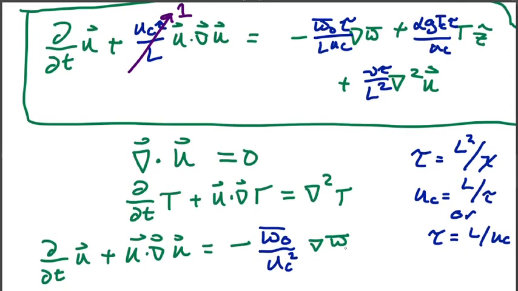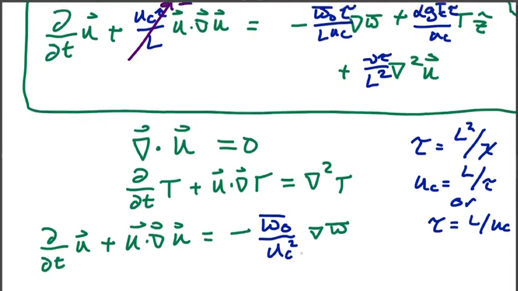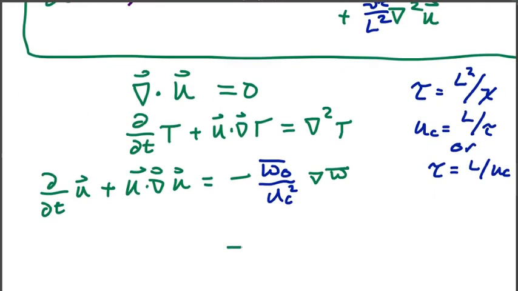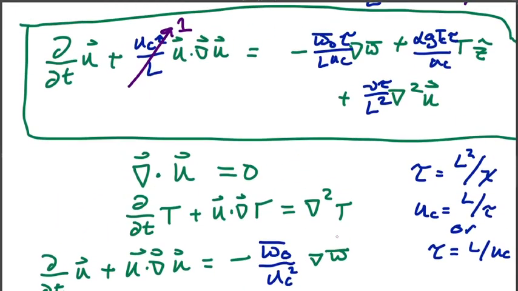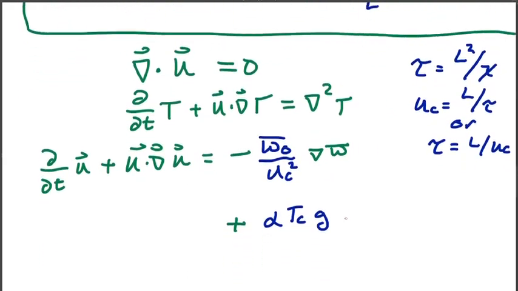And we'll go down to the next line for our next set of terms as we get into the buoyancy term. So our buoyancy term here, we are going to have an alpha, a T characteristic, a g, and I'm going to substitute in for my uc. So we're going to have a tau squared. I'm going to do this step by step.